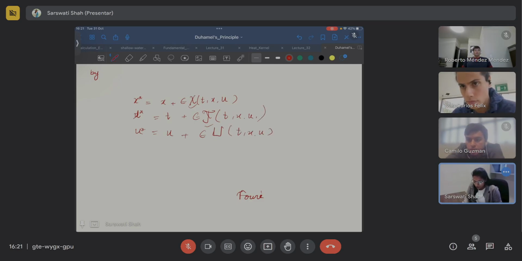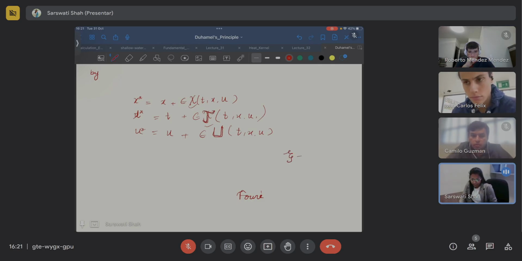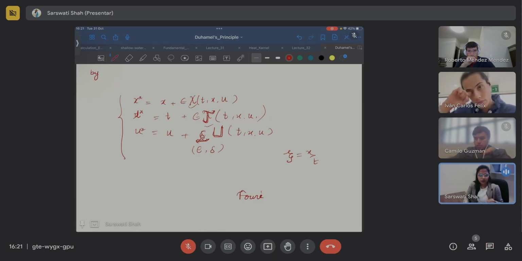Now what I do is these functions are going to depend only on another variable xi, that is x over t. So I take this kind of transformation, and the operation between epsilon, and if you replace it with some delta, this parameter is going to form a group.